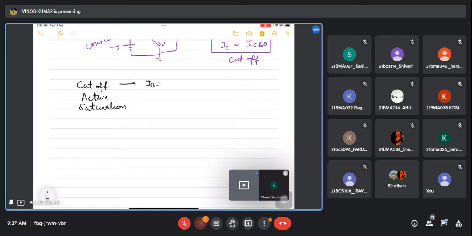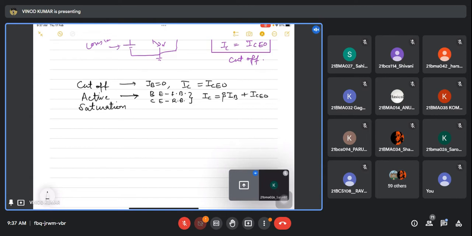Here, cutoff means when IB is 0, IC is becoming ICEO. Active means base emitter junction forward bias, collector emitter junction reverse bias. That is the active region. Means IC is equal to beta of IB plus ICEO.